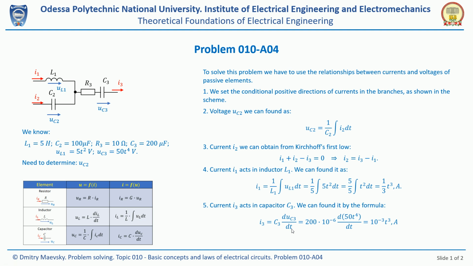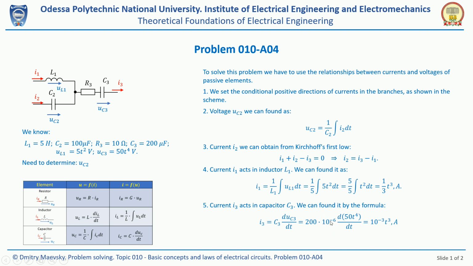After substitution of our input data, we have 200 as the capacitance of capacitor C3, but it is microfarads.